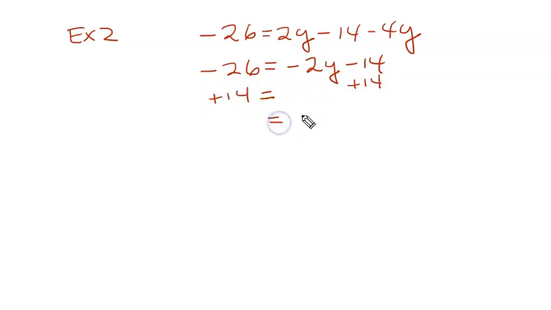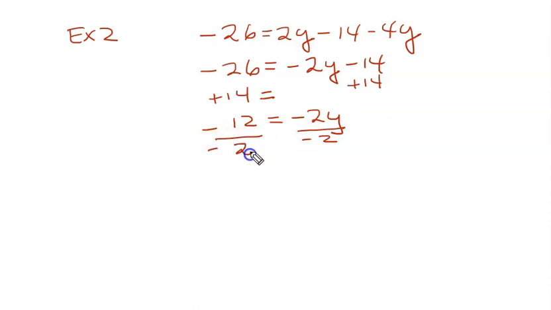We then get a negative 2y equals a negative 12. Now, again, we want to isolate the y. So we're going to divide by the numerical coefficient, a negative 2, both sides.